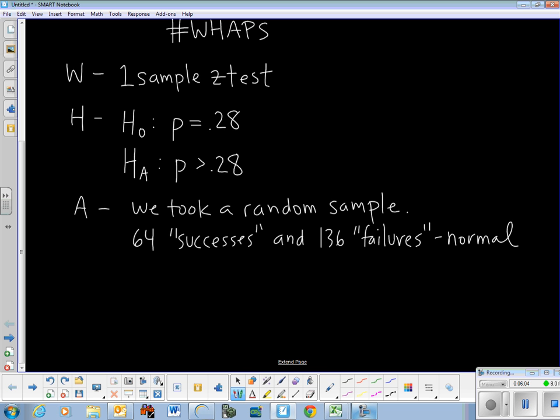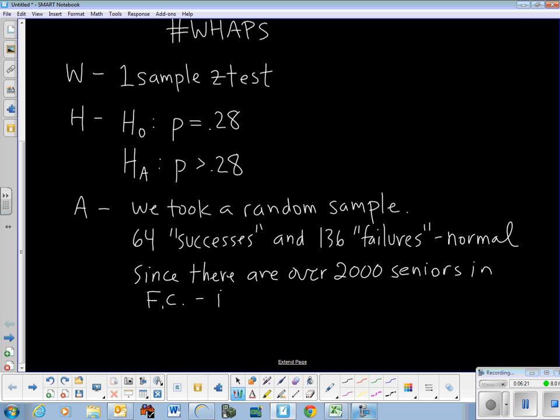Independent is since there are over 2,000 seniors in Fayette County, now we're independent. And that's accurate, I think. We have about 500 a year here, I believe. So I think 2,000 in the county is the truth. All right, so I stumbled through them, but there's our assumptions and conditions.